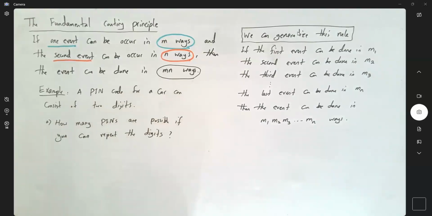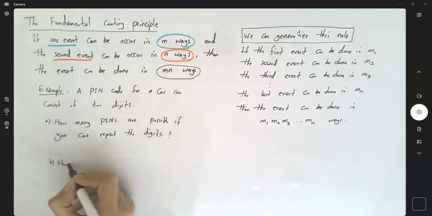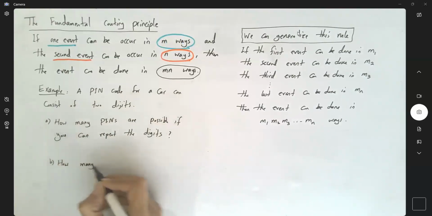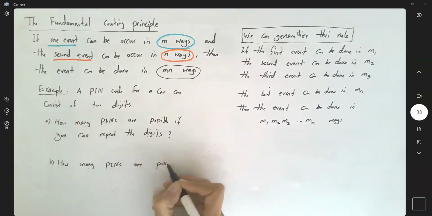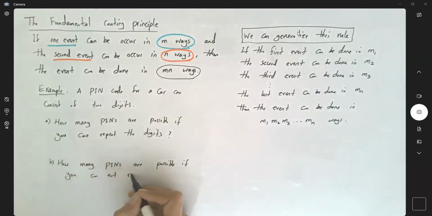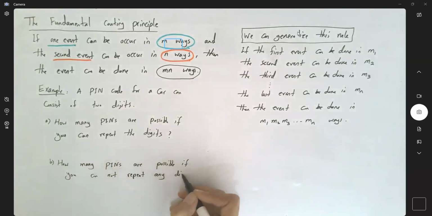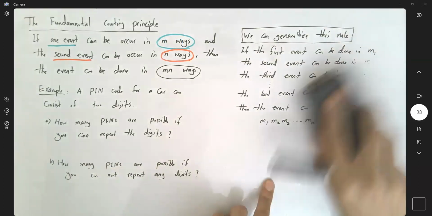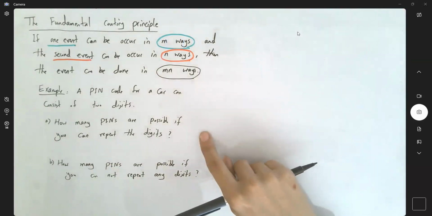And the second part of the question says, how many PINs are possible if you cannot repeat any digits? So I'm going to erase this part of the board so I can have more space and explain this to you.